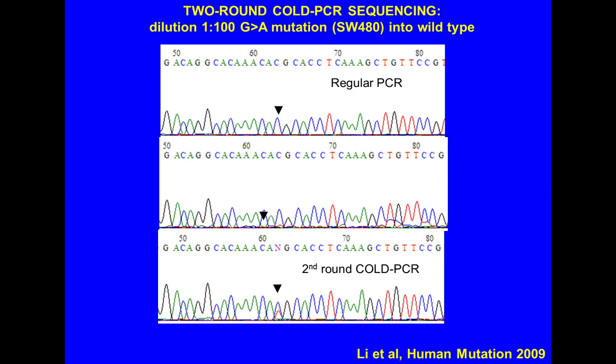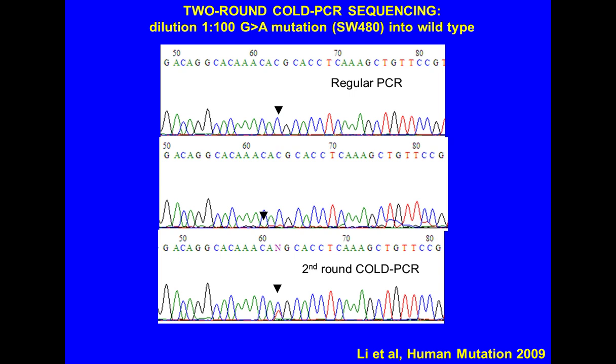With regular PCR, you don't see the mutation. That was a very low level mutation that we applied here. Even one round of COLD-PCR here does not show the mutation. Two rounds will eventually show the mutation without changing the profile of all the other sequences.